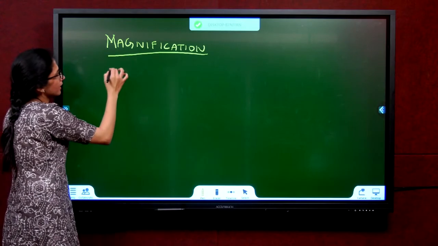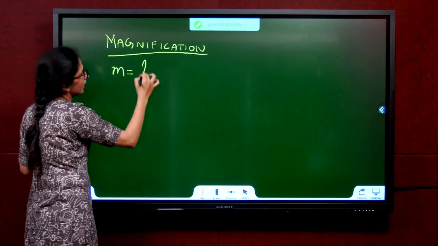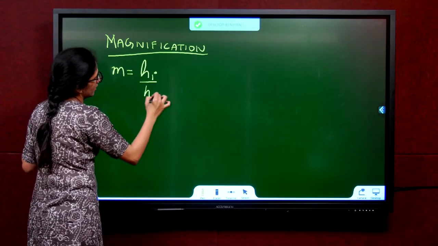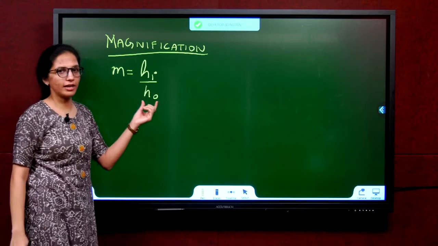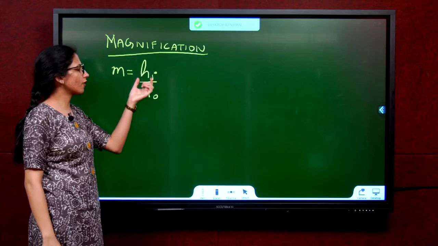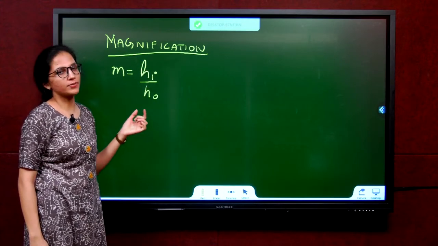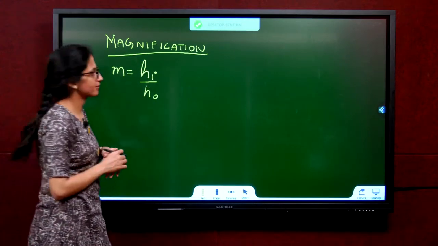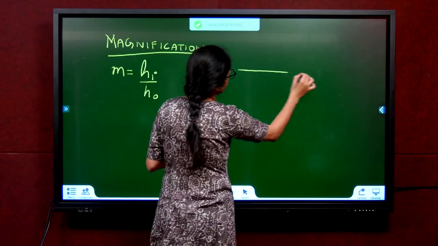Magnification is given by M is equal to Hi by H naught. Hi is the height of the image, H naught is the height of the object. Magnification is defined as the ratio of height of image to height of object. How does this make sense? Understand this.